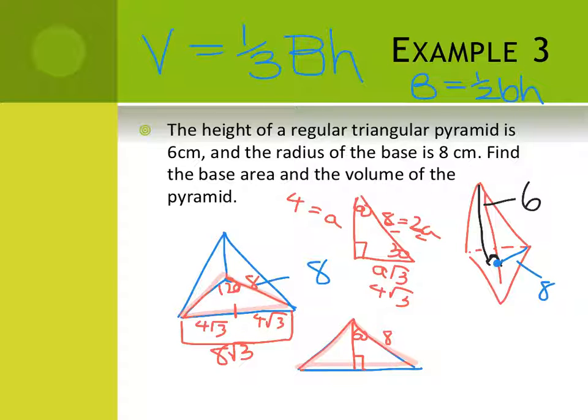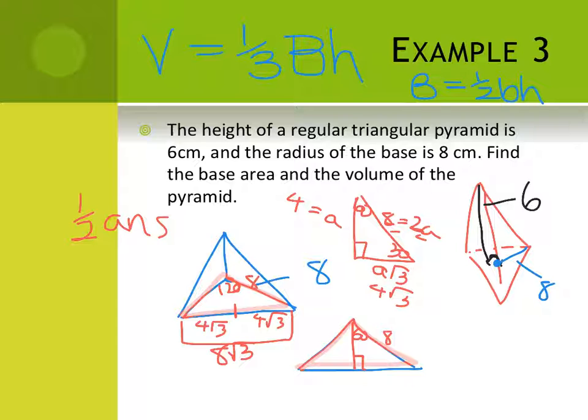Find the area of that triangle base. I'm not going to actually find base times height. I'm actually going to use my area of a polygon formula, which is 1/2 ANS. I can use that one. And I can see here that the side length is going to be 8 radical 3.